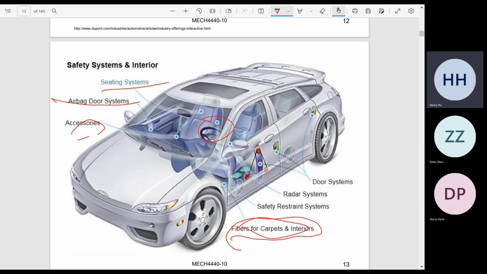Even the steering wheel is very often covered by a rubbery material, am I right? You never touch the steel, magnesium, or aluminum directly. It's wrapped in a kind of rubber material, right? So when you hold the steering wheel, you won't feel it so rigid.